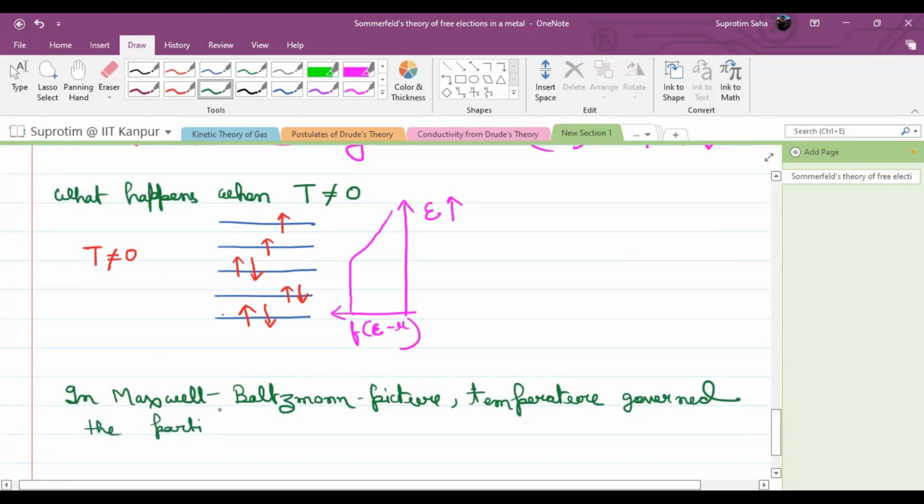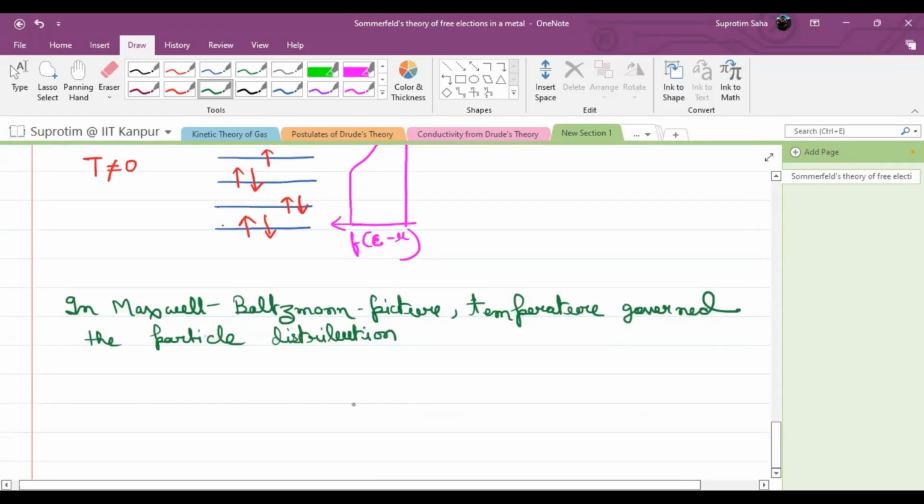As you saw, as temperature increased, the distribution spread out, but the area under the curve was unity and remained the same.